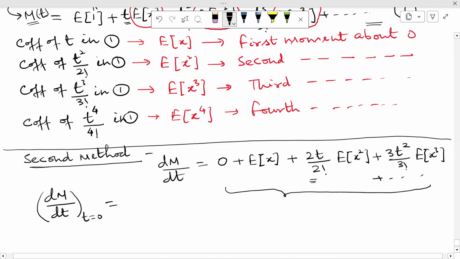Here you can see it is t square, and the next term will contain t cube, and so on. So when you put t equals 0, the entire expression becomes 0 except this term, because here no t is involved. So this will be expectation of x, which is of course our first moment about origin.